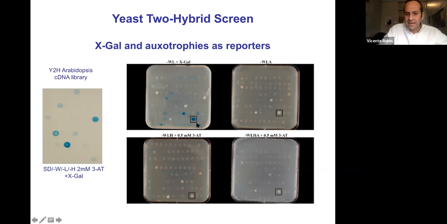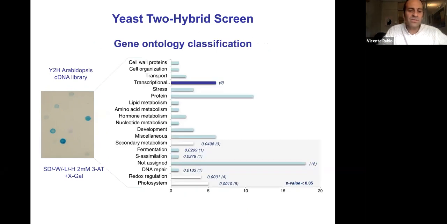And upon selection of those clones, DNA extraction, transformation of E. coli, and sequencing of the plasmids that contain the proteins of interest. So it's possible to categorize or classify, using gene ontology tools, the potential functions of the proteins that interact with your bait.